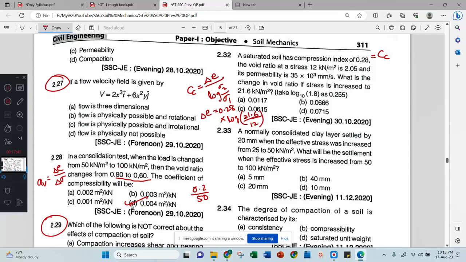I think this might be log 1.8. This is log 1.8, means you have got 0.28 into 0.255. This answer is the change in void ratio. Okay, this answer will come. Which answer? 0.0715.